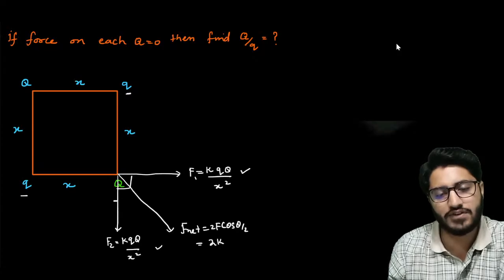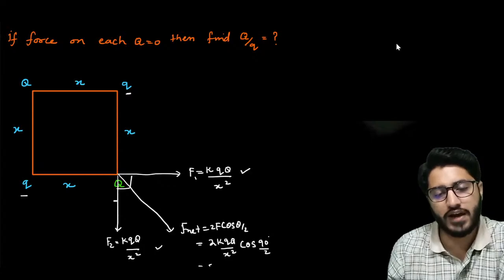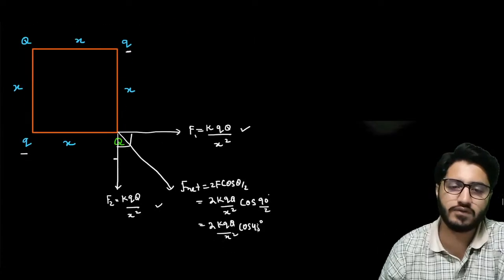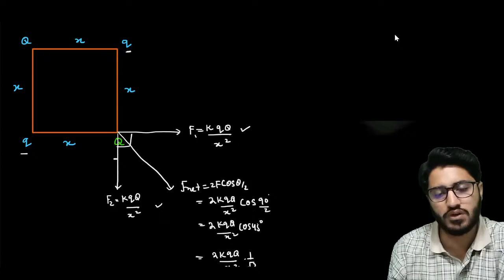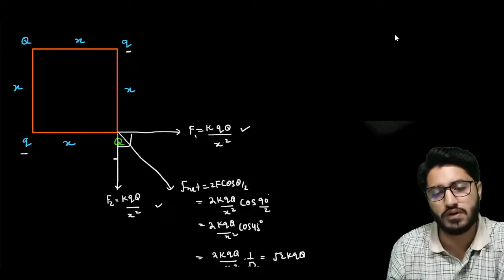What is F? Sir, F is kQq by x square. Now cos theta is how much? It is 90 by 2, which is 45. So I can write 2kQq by x square, then cos 45. Cos 45 is 1 by root 2. So my net answer is root 2 times kQq by x square.